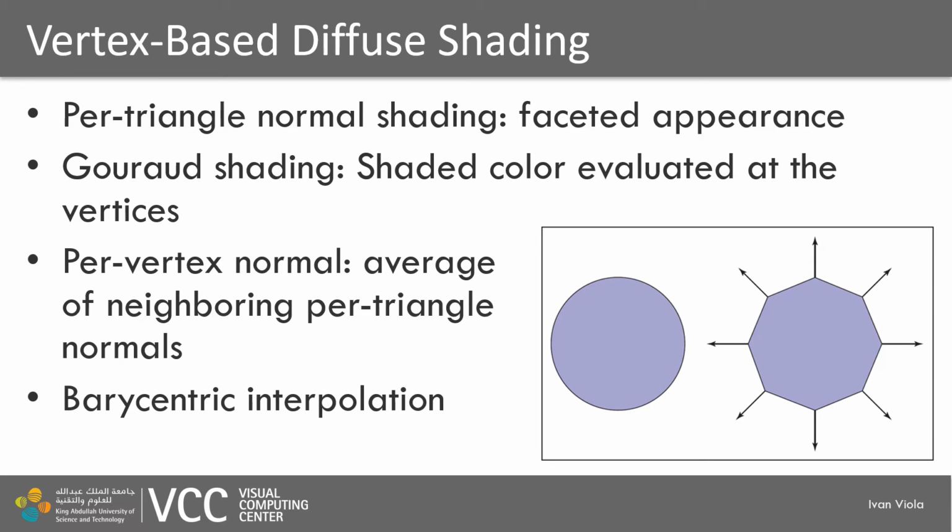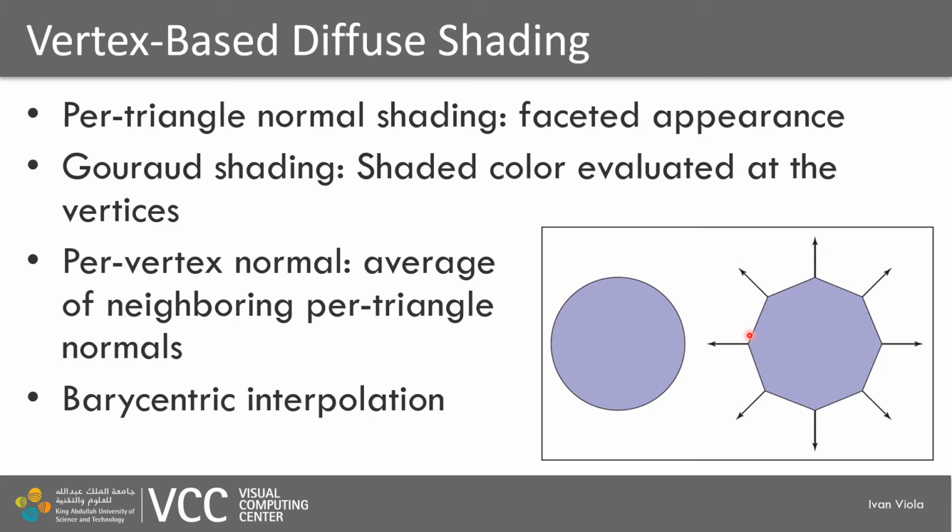Keep in mind that if we have a scene which is approximating smooth surfaces with triangles, as is often the case in computer graphics, and we perform so-called per triangle normal shading, then we will end up with very faceted illumination because we will see all these flat surfaces here, which we don't want.